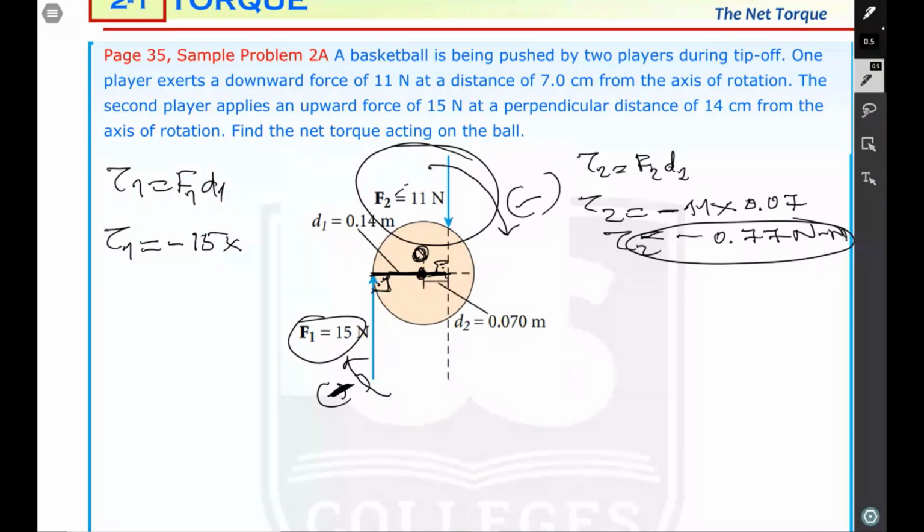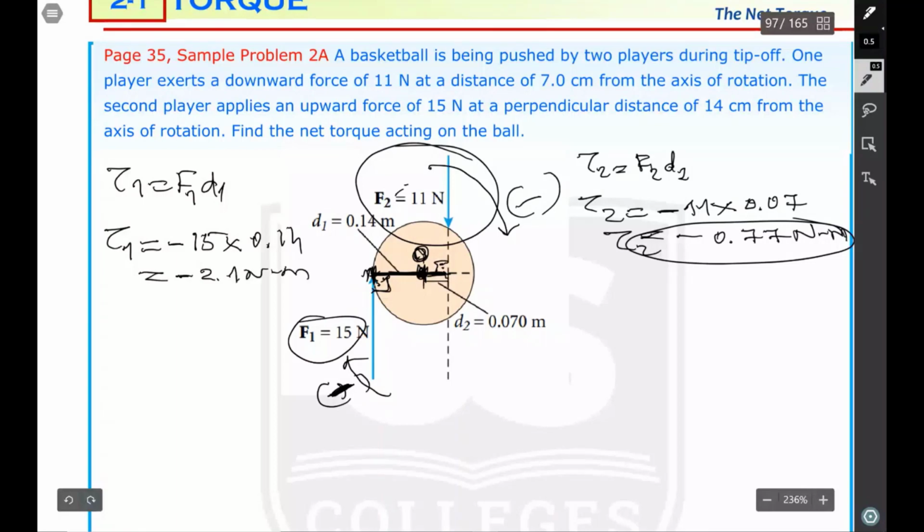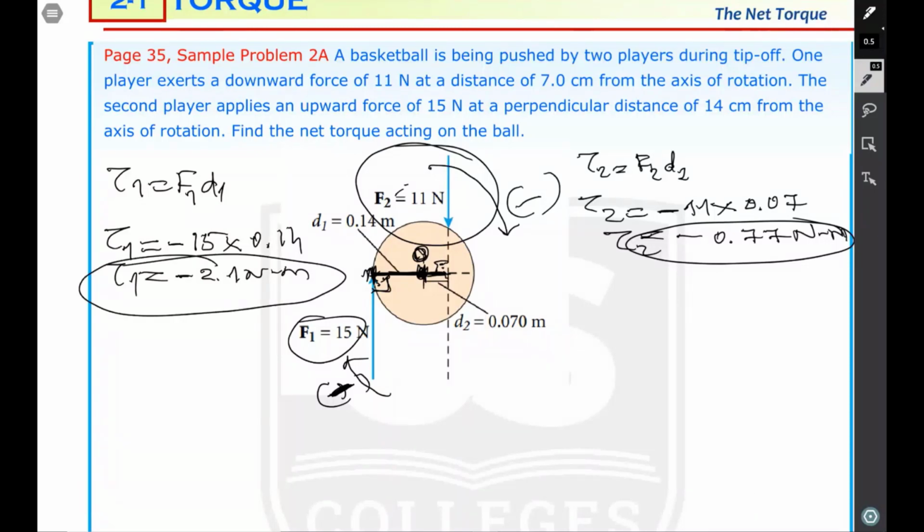F1 is 15. D1, the perpendicular distance from the force to the axis of rotation, is 0.14. Multiply them, which is equal to negative 2.1. So we got torque 1 as negative 2.1, and torque 2 as negative 0.77.